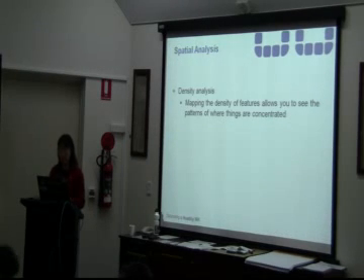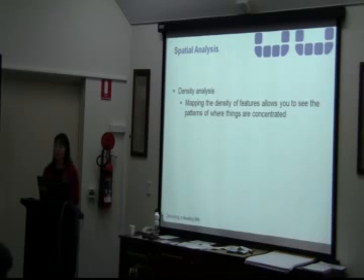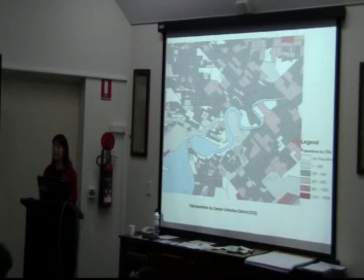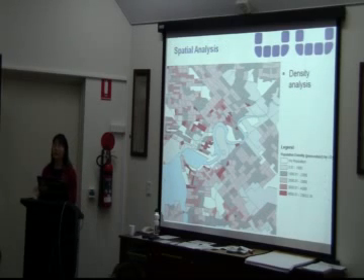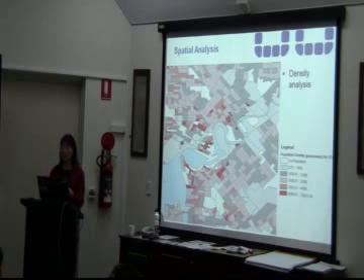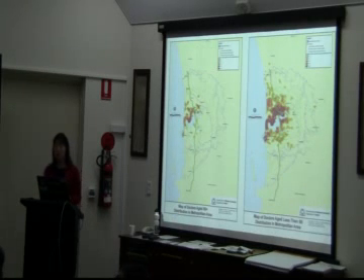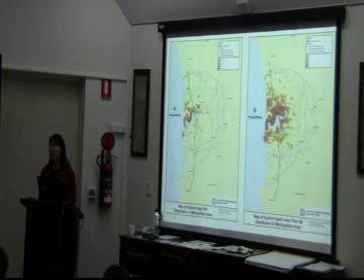We can also do density analysis, because mapping the density of the features allows you to see the patterns of where they are concentrated. We can map how many people are within a certain area, but when we consider the density, considering the area, it gives us the best picture of how people are concentrated and which areas have more people, so we can plan our services accordingly. We can also perform point density analysis.